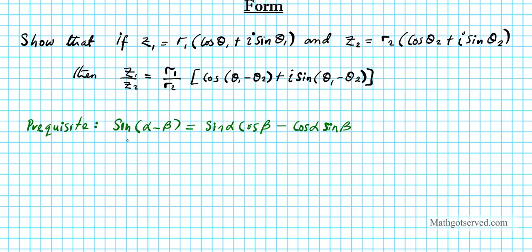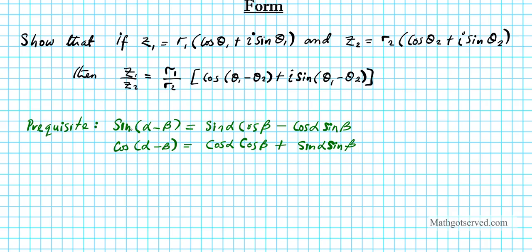Okay, this is the difference identity for sine, and then cosine of alpha minus beta equals cosine alpha cosine beta plus sine alpha sine beta. Okay. All right. So these are the difference identities for sine and cosine.